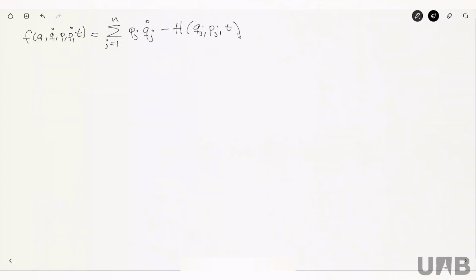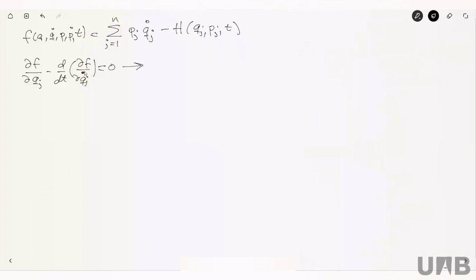So we have to apply it to this, okay? So let's start one by one. What does the equation partial of f with respect to qj minus d dt partial of f with respect to q dot j equals 0 tell us?